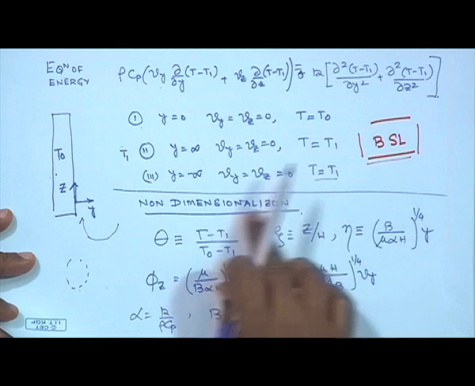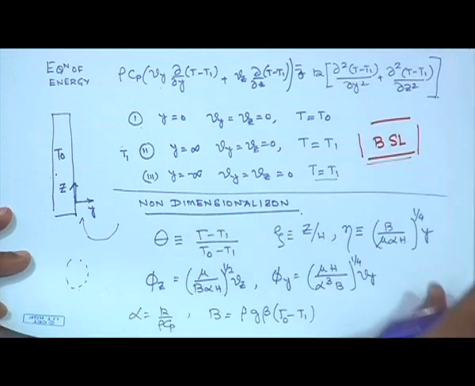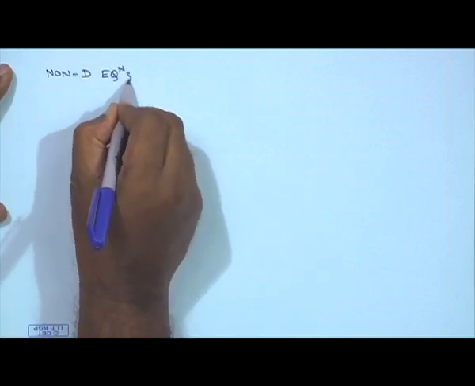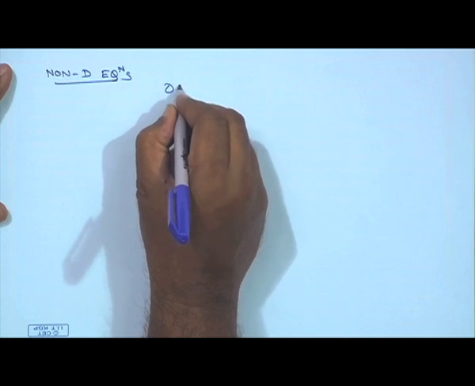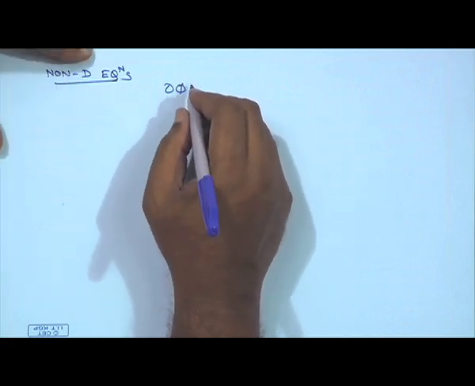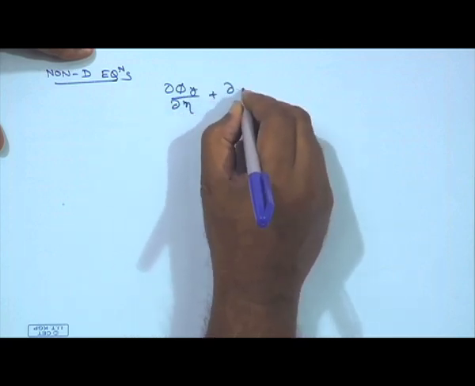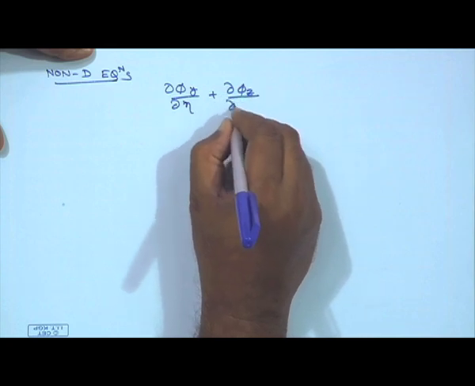So, when you put these non-dimensionalization parameters into the governing equations, what you get are the non-dimensional equations. The equation of continuity becomes del phi y by del eta plus del phi z by del zeta.